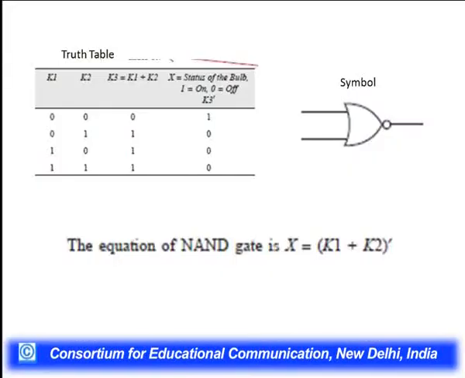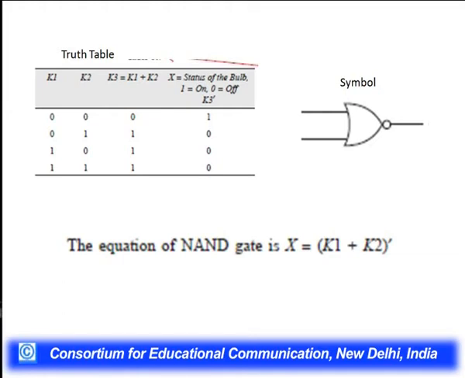So now you have the output for the OR gate, and then give this as input to the NOT gate. The complement of 0 is 1, the complement of 1 is 0, the complement of 1 is 0, and the complement of 1 is 0. So this is the truth table of the NOR gate, and the symbol used for the NOR gate is given here beside the truth table.